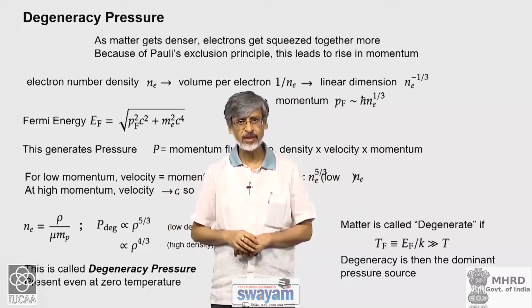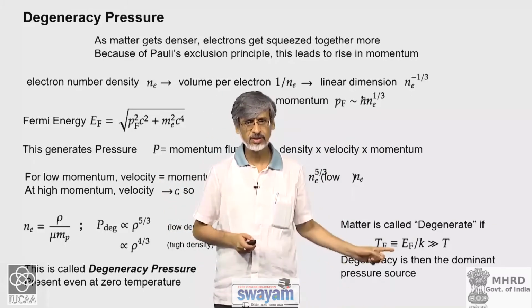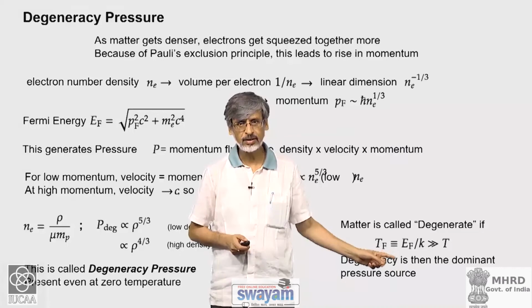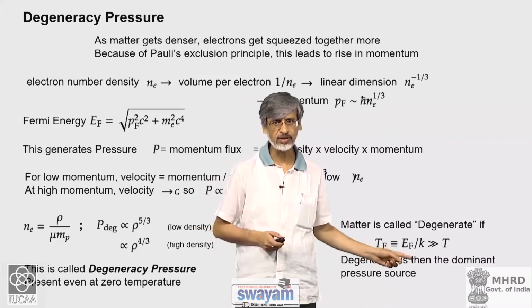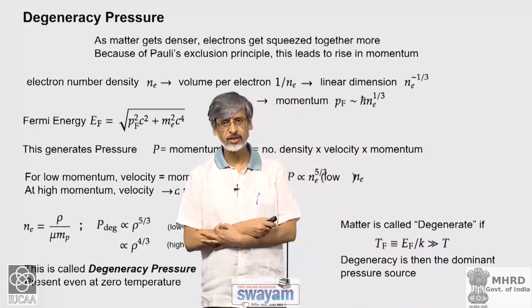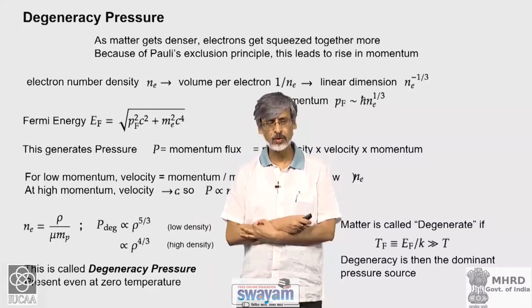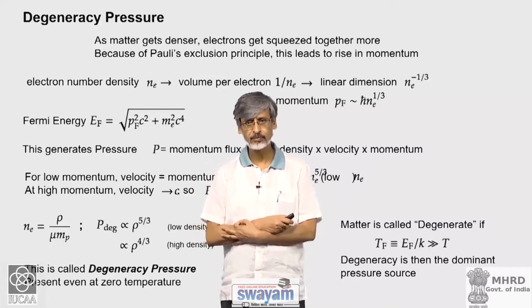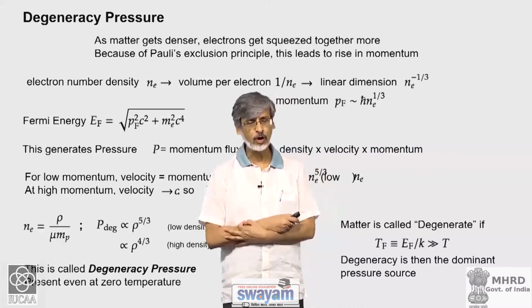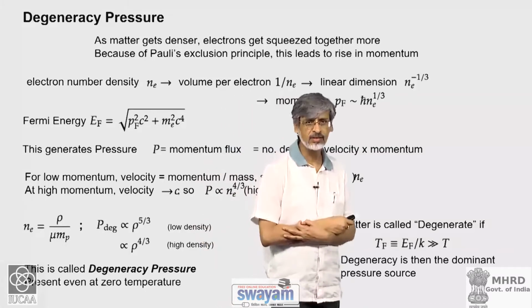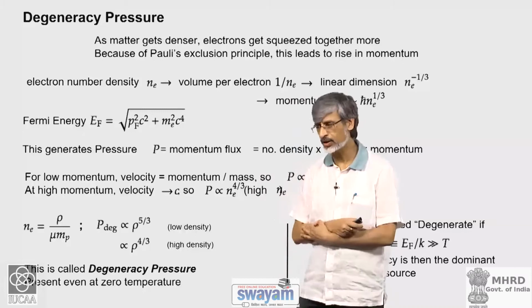This can be expressed through the relation that T_F, which is called the Fermi temperature and is defined as the Fermi energy divided by the Boltzmann constant, is much greater than the local temperature of the medium. If this is true, then the dominant pressure source is this degeneracy pressure and not the thermal pressure.